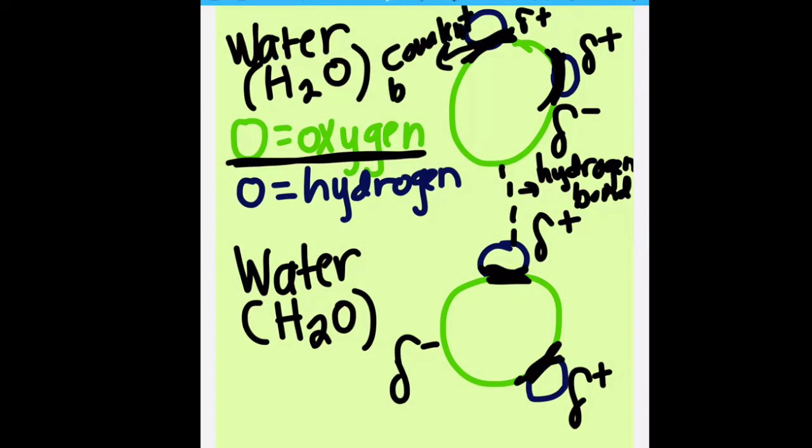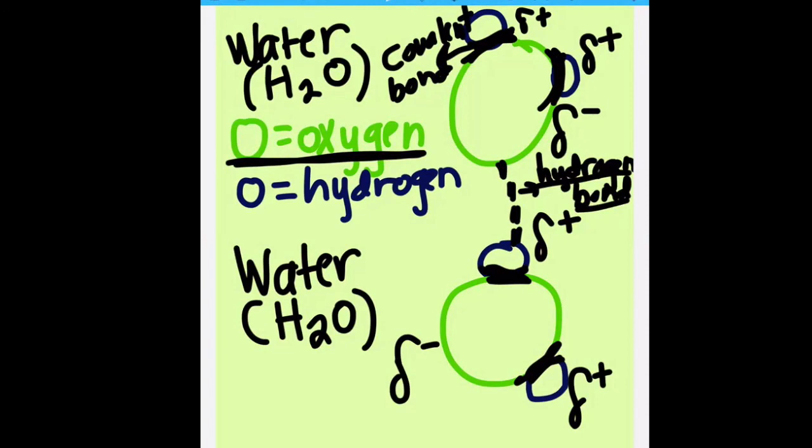Covalent bond, and this is a strong bond. Covalent bonds are strong bonds. However, the oxygen atom from one molecule bonding to a hydrogen atom from another water molecule is a hydrogen bond, which is a weak bond.